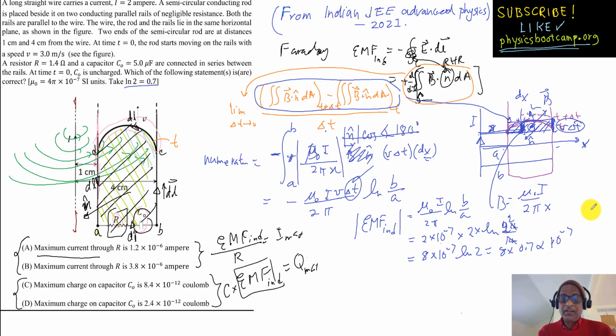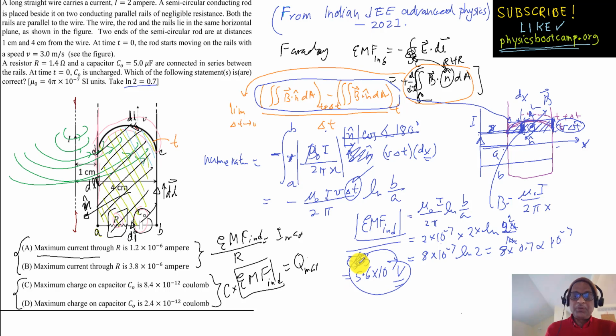And so EMF just turns out to be 5.6 times 10 to the power minus 7, and this EMF is going to be in volts, right? So now with this, I have to divide by 1.4.